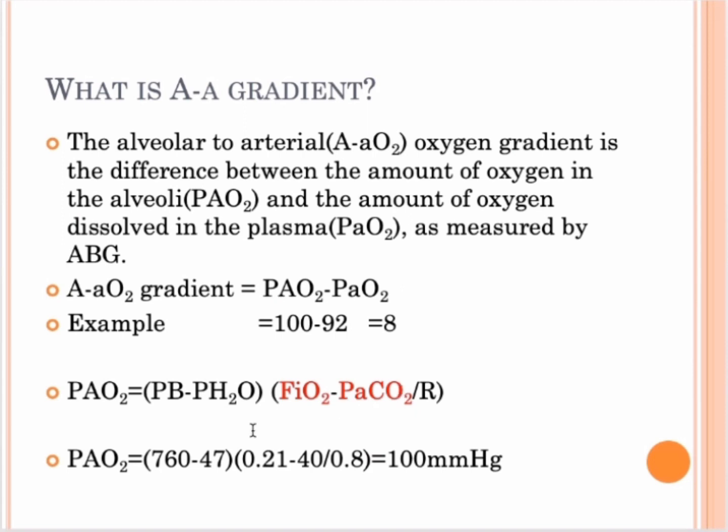So PAO2 is dependent on FiO2 and PaCO2, and you can calculate PAO2 and then calculate the AA gradient. If you consider normal room air for normal lungs and PaCO2 as 40, then PAO2 is 100, and 100 minus 92 is 8. This is how we can calculate the AA gradient.